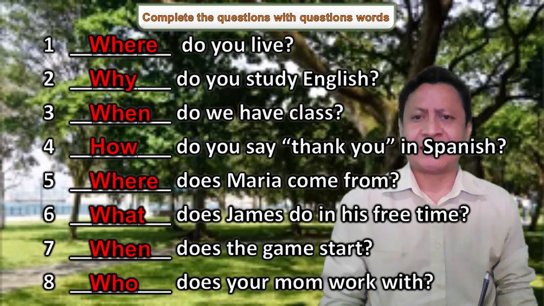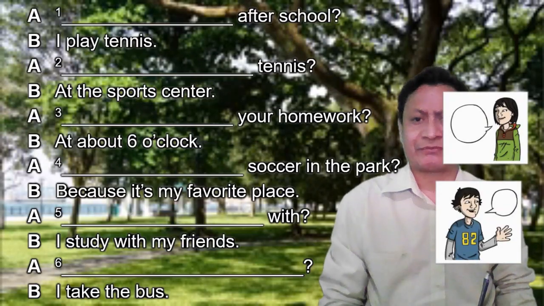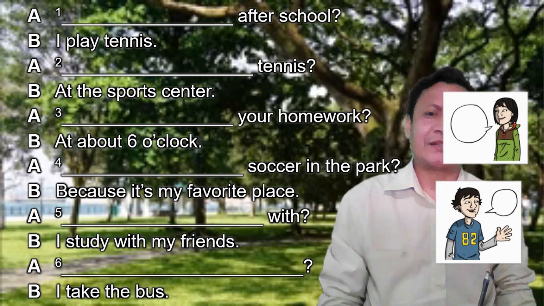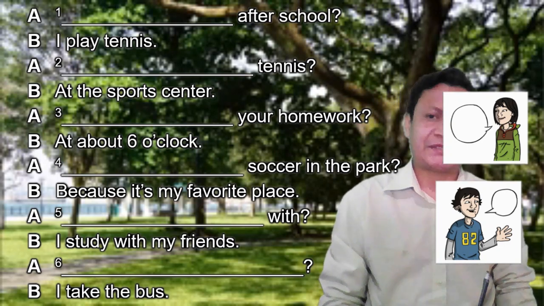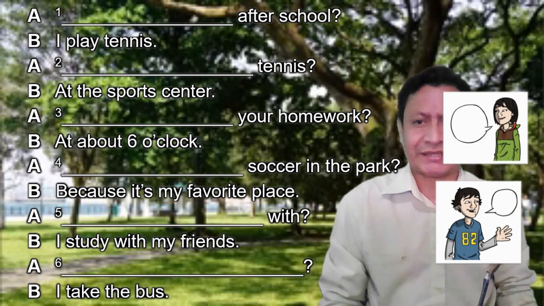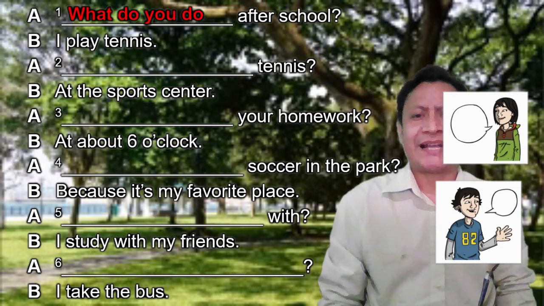Very good. Okay. Next. Here we have a conversation. Let's complete the conversation. We have the question, which is not complete, and we have the complete answer. So number 1, the answer says, I play tennis. It's asking for an activity. So we use what. What do you do after school?